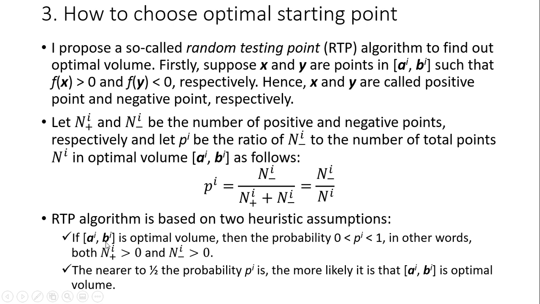If AI, BI is the optimal volume, then the probability Bi is larger than 0 and smaller than 1. In other words, both n positive I and n negative I are larger than 0. The nearer to one half the probability Bi is, the more likely it is that AI, BI is the optimal volume.